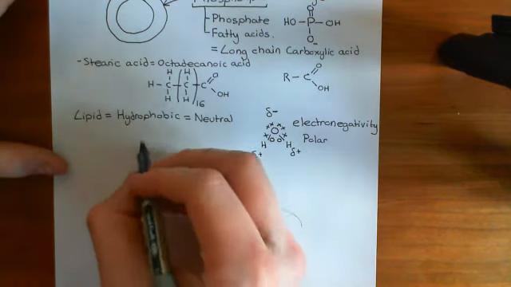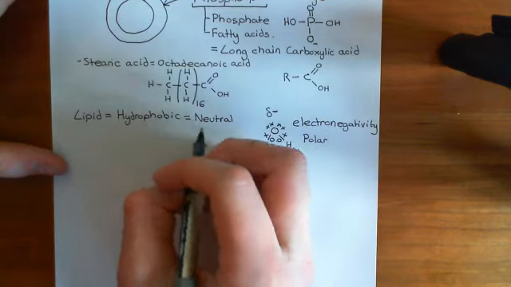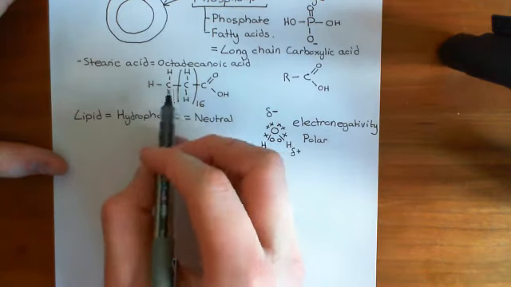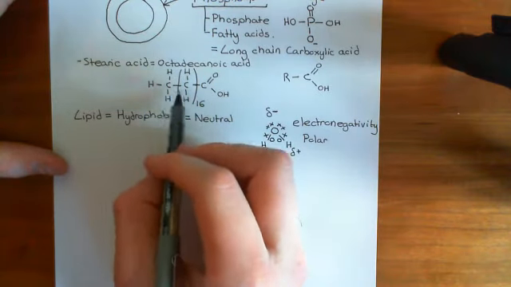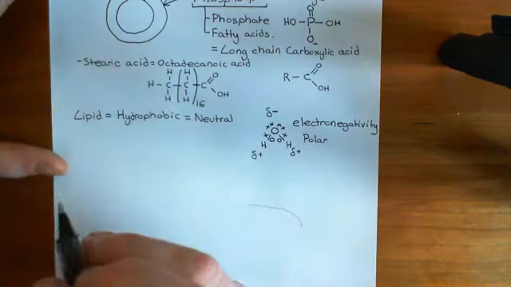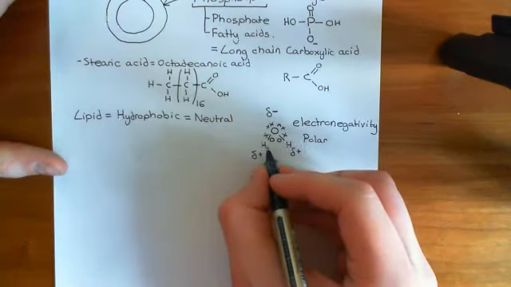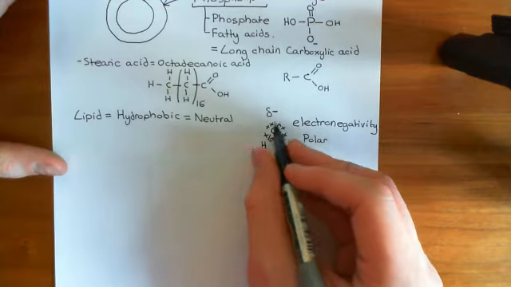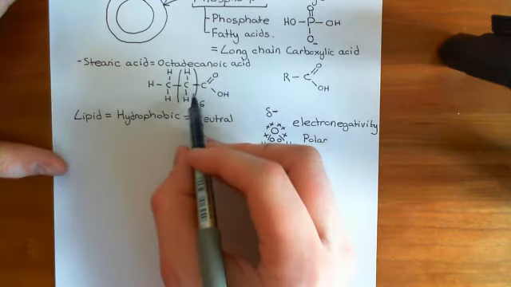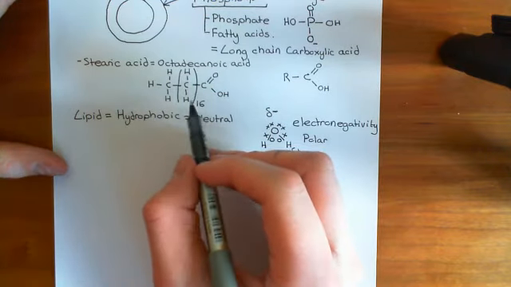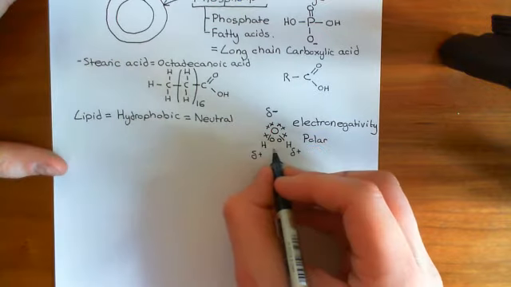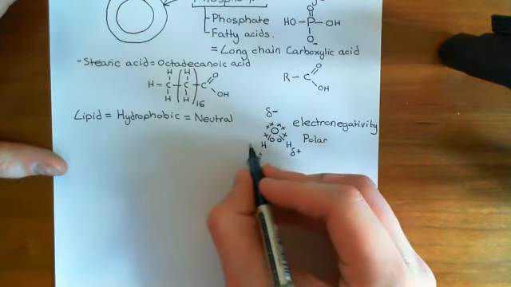Why is it extremely hydrophobic? Well, it's because the structure is very neutral. You don't have much unequal distribution of charge. What I need to tell you about is the fact that water will not interact well with this, because water interacts so well with other water molecules.